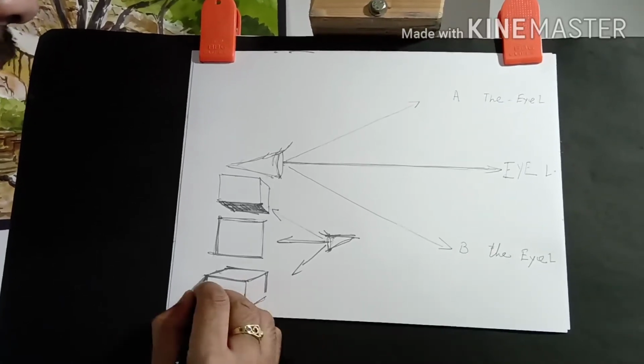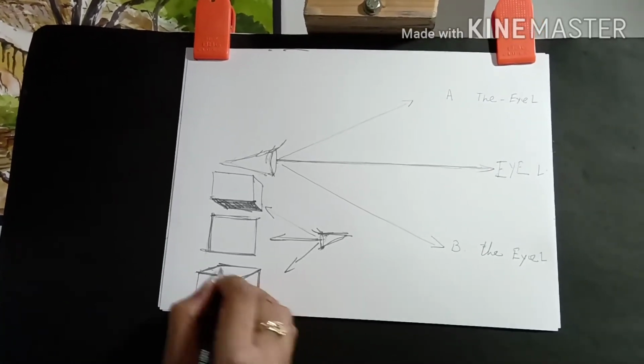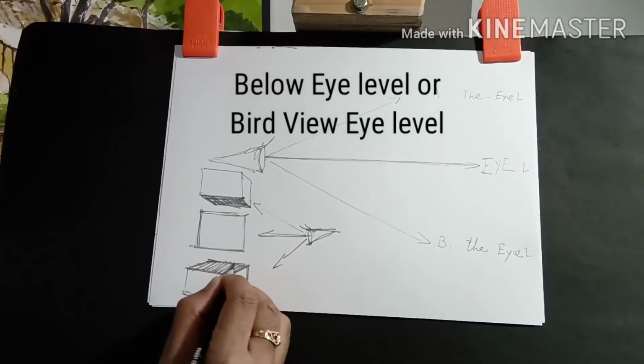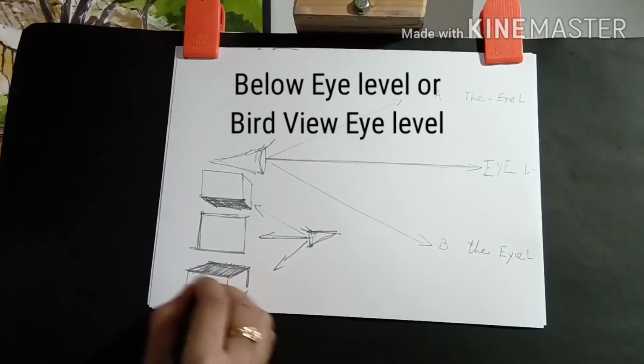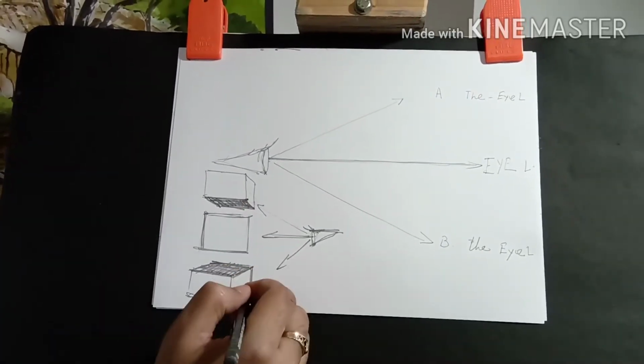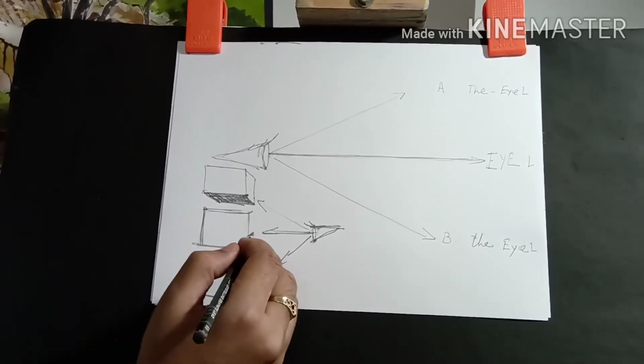We can call it bird view eye level. So this face we can see from the top. Okay, above the eye level, below the eye level, and this is my straight eye level.